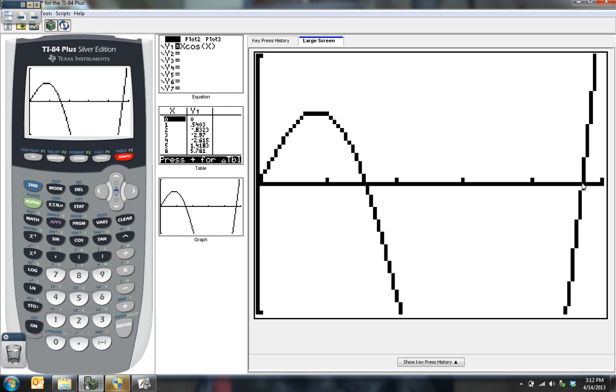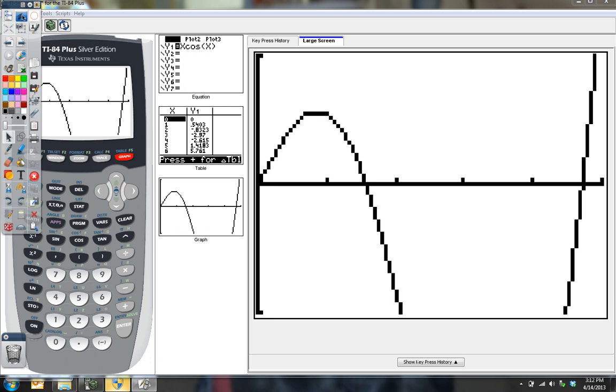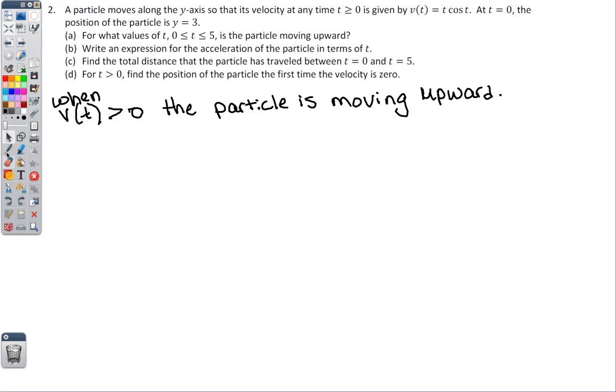I think there's actually a much simpler way to do this. So let's come back to our point here. So like this, like that, and like this, right?